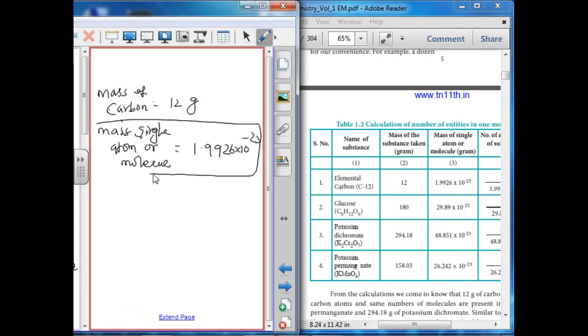This term was already discussed in the last class, how to calculate the mass of a single atom or molecule.